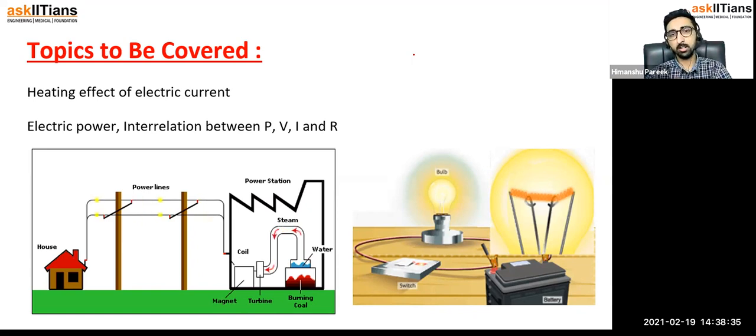And the third is the magnetic effect of electric current, which is our next chapter, usually known by the name magnetism. These are the three major effects of electric current: when electric current flows, it produces these three kinds of effects. So I guess we have got the idea of what topic we are going to do now. Let us begin with the heating effect of electric current.